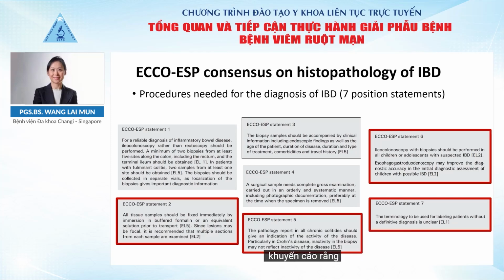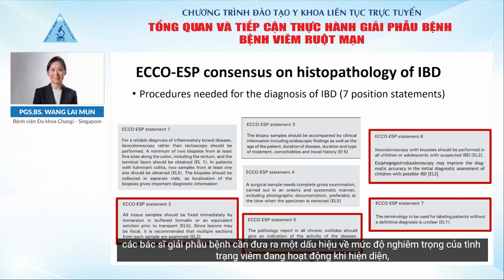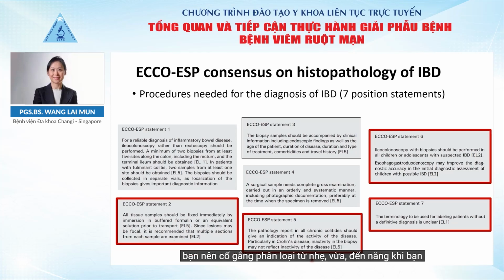For position statement 5, it is also encouraged that pathologists give an indication of the severity of active inflammation when seen. So you're supposed to try to grade it from mild, moderate to severe.